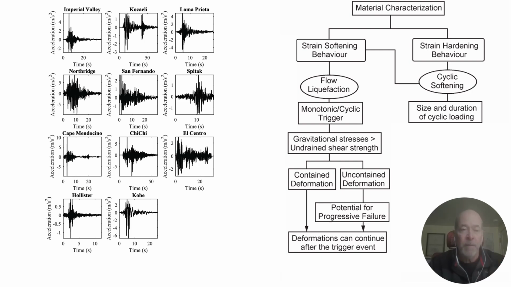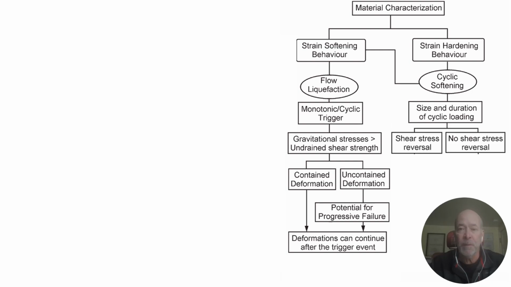So earthquake loading at your site would depend on the distance to the earthquake, the duration, magnitude, number of cycles, frequency content, and so on. So it has to be strong enough and long enough to be able to cause this liquefaction.